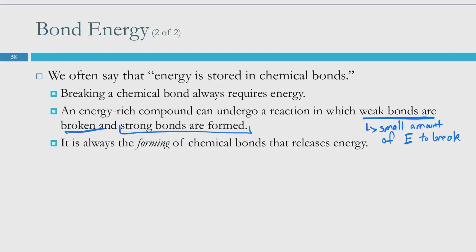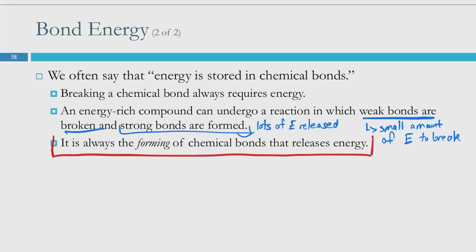So strong bonds are formed, lots of energy released. And again, our takeaway here, it is the forming of chemical bonds that releases energy. Forming bonds releases energy, breaking bonds takes energy. Forming bonds releases energy.